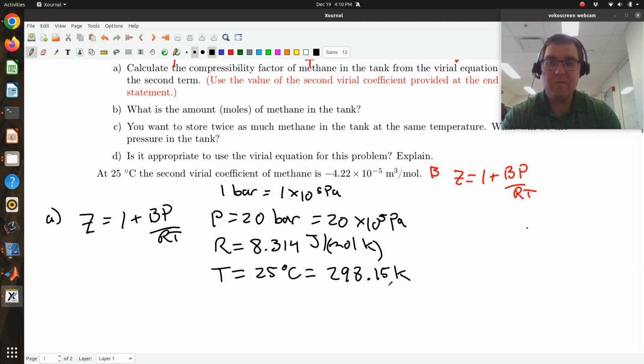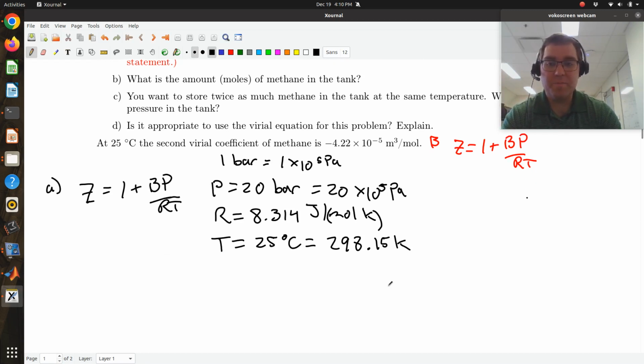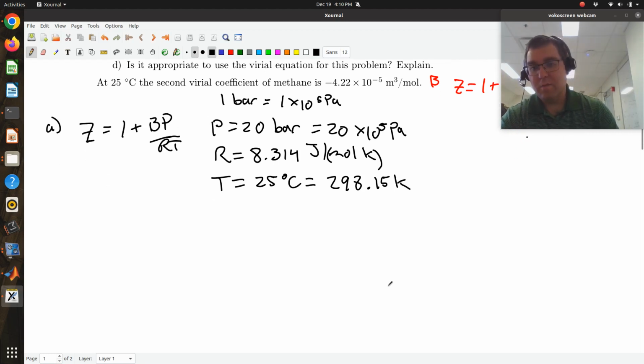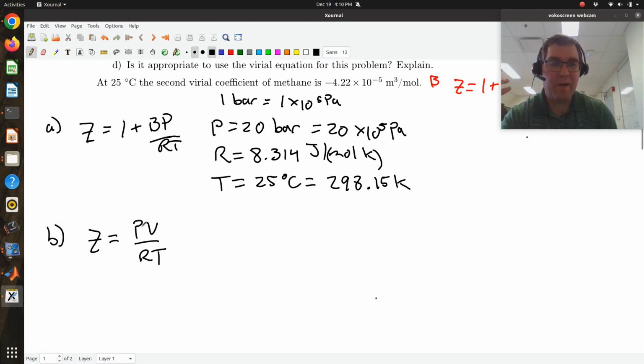So B asks, what is the amount in moles of methane in the tank? The key here is that in A, I calculate Z. Once I have Z, Z by definition is equal to PV over RT, where V is my molar volume. So this would correspond to my actual molar volume.